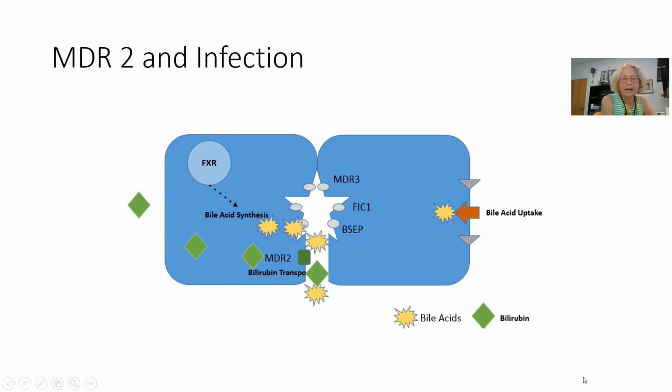So it is something that's pretty important to recognize. I think you all know that sometimes people with sepsis get jaundice. This is the same mechanism. It's just really obvious in babies because they have such a high bilirubin load to process.